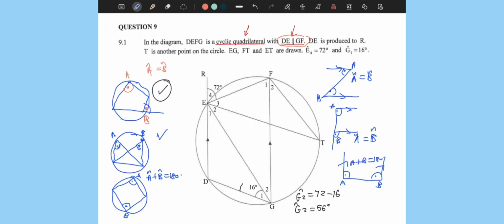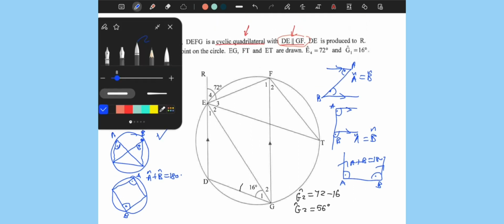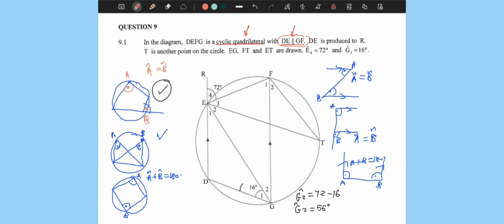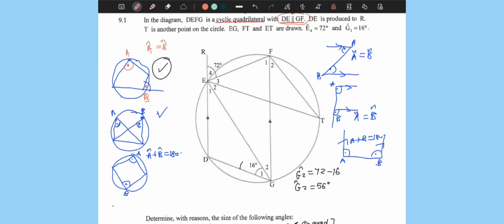So I'm going to see which rule I'm going to apply here. This is the parallel line. What I'm going to do here is this. I'm going to calculate this angle E1.